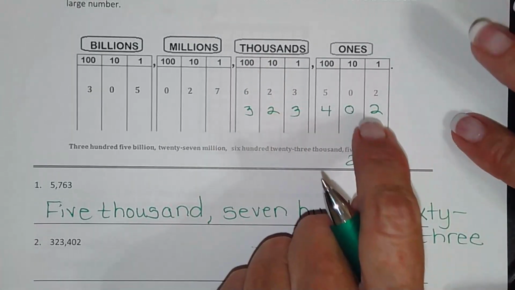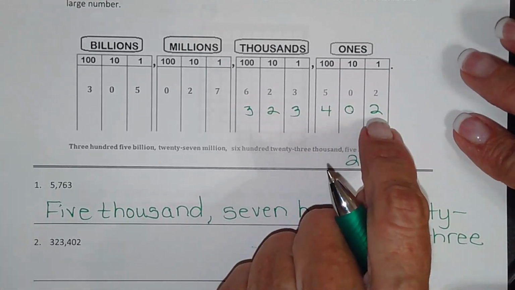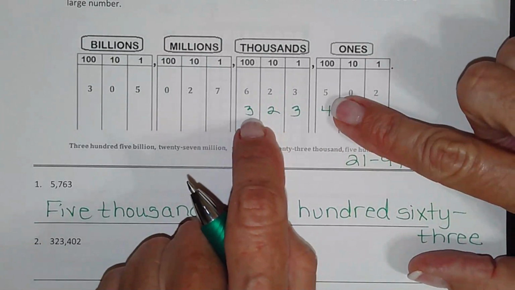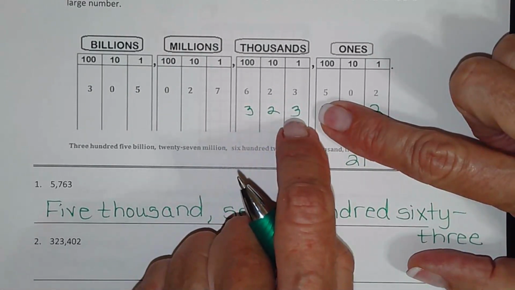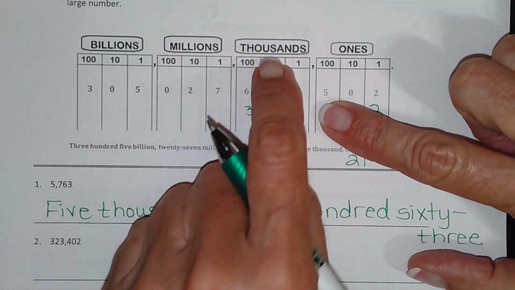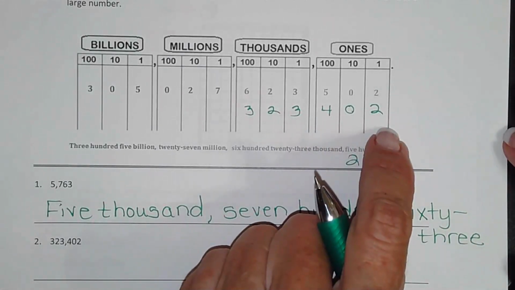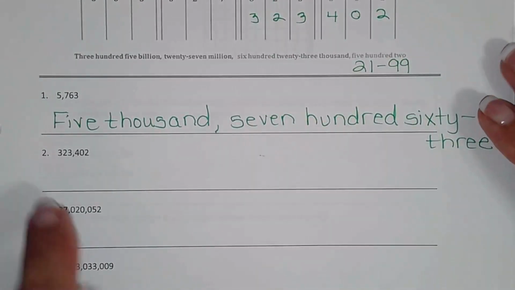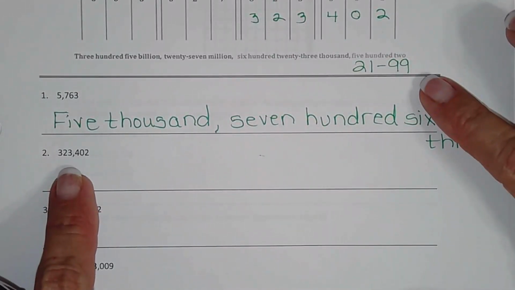And then this is read 402. We don't say ones, we just write 402. So 3 numbers at a time. 323,402. And we have to put the comma in, and 23 is between 21 and 99.